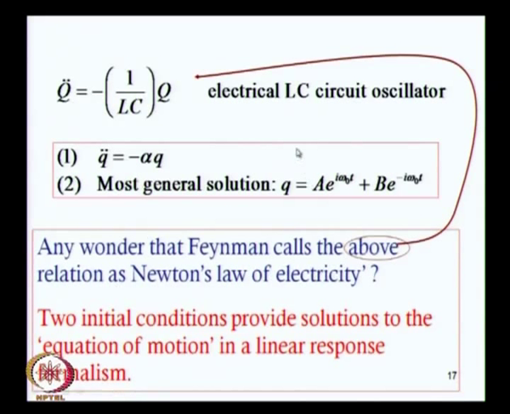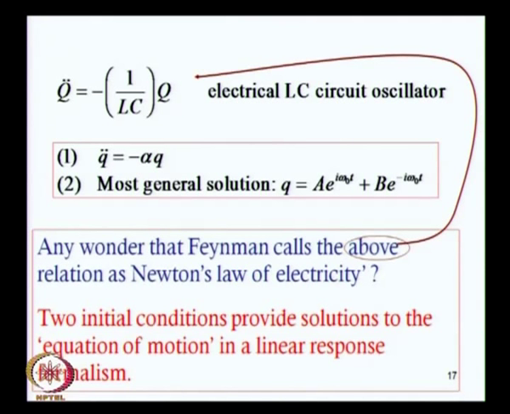So, this is the differential equation for the charge, and Feynman in fact calls this, in his famous lectures, Newton's law of electricity. Of course, Newton's law of motion was meant for mechanical systems.